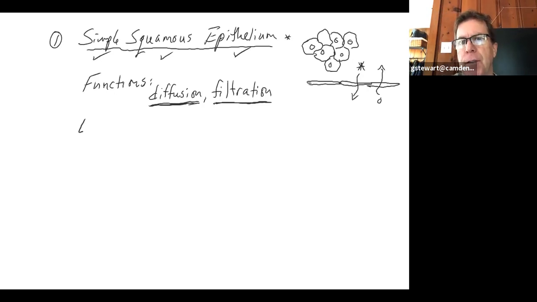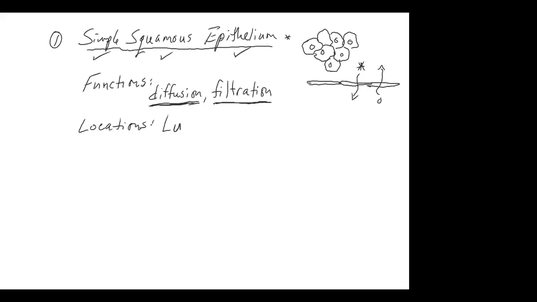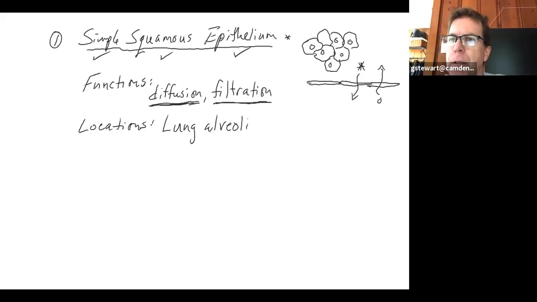Now, locations. There are more locations in the human body than I can possibly list right here. So I'm just going to give you two very common locations. Lung alveoli, that refers to the little air sacs in our lungs, deep down in our lungs.